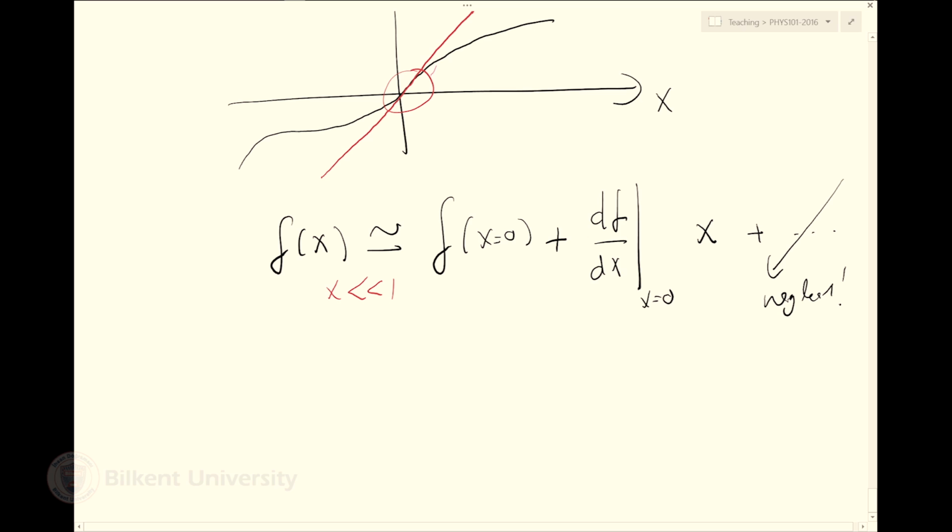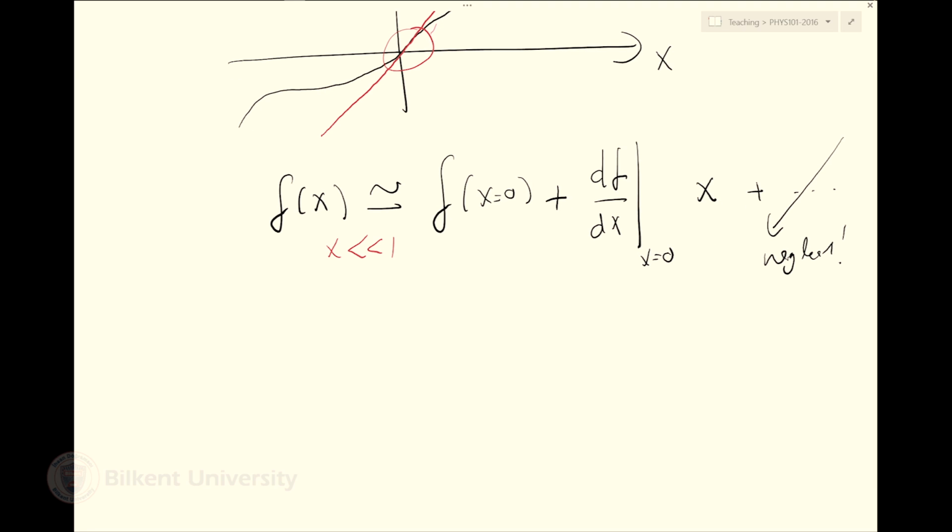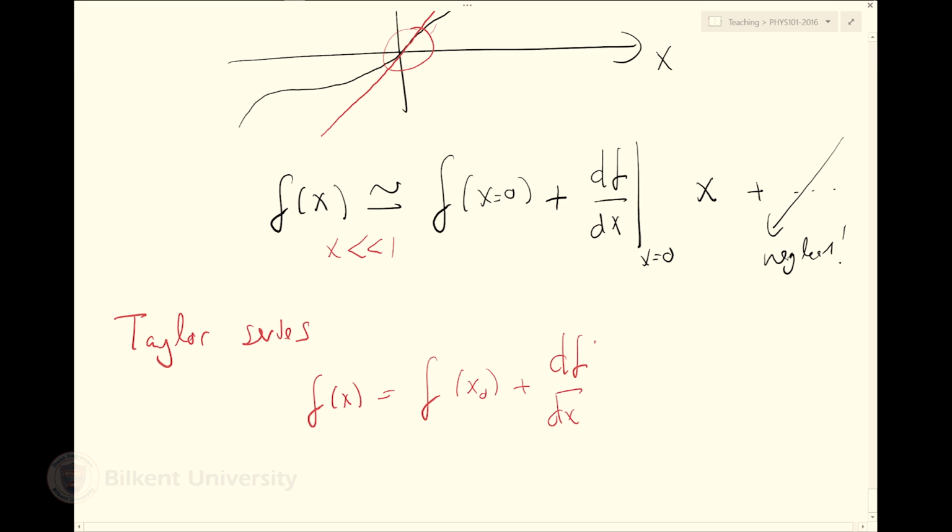Okay? Now, the systematic method of doing this, approximating a function around a point, you're going to learn in calculus. It's called Taylor series. But it's okay if you don't know. We just need the first term. In general, f of x0 plus del, okay, let me not go to partial derivatives, df dx at x0 times x minus x0 plus 1 over 2 factorial, the second derivative at x0 times x minus x0 squared.